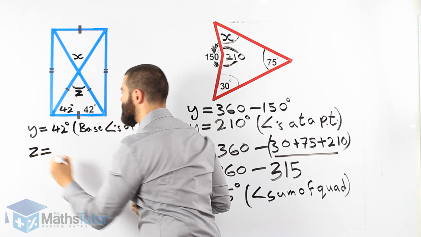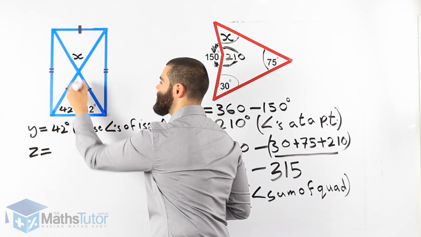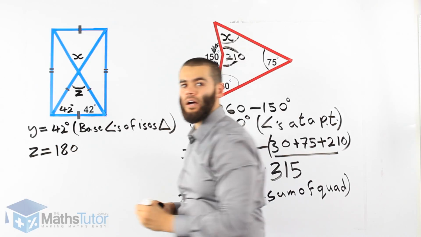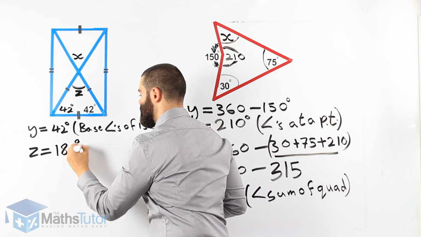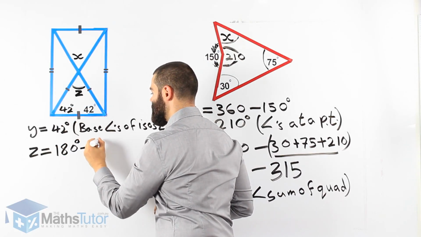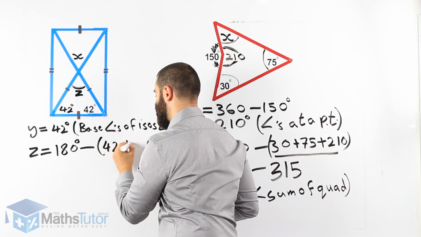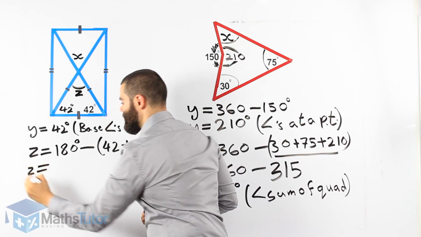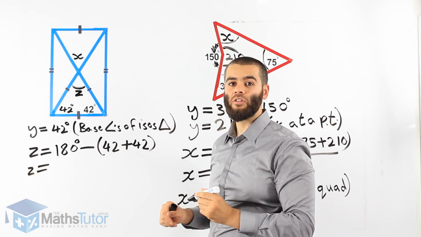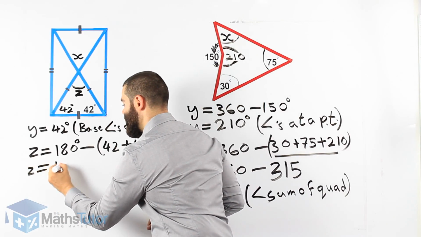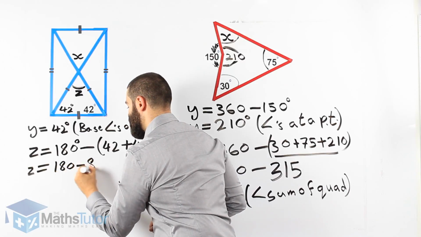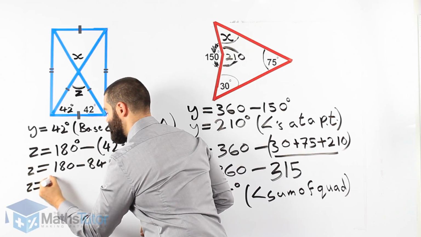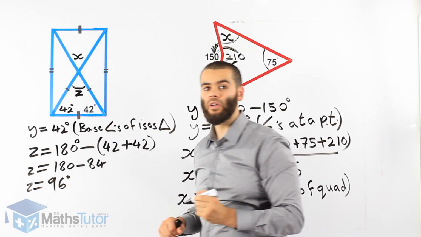Z is going to equal 180 degrees, the total in a triangle, minus the other two angles, which is the 42 and the 42. We're going to get z. We know 42 plus 42 is 84, so 180 minus 84. Z is going to be 96 degrees.